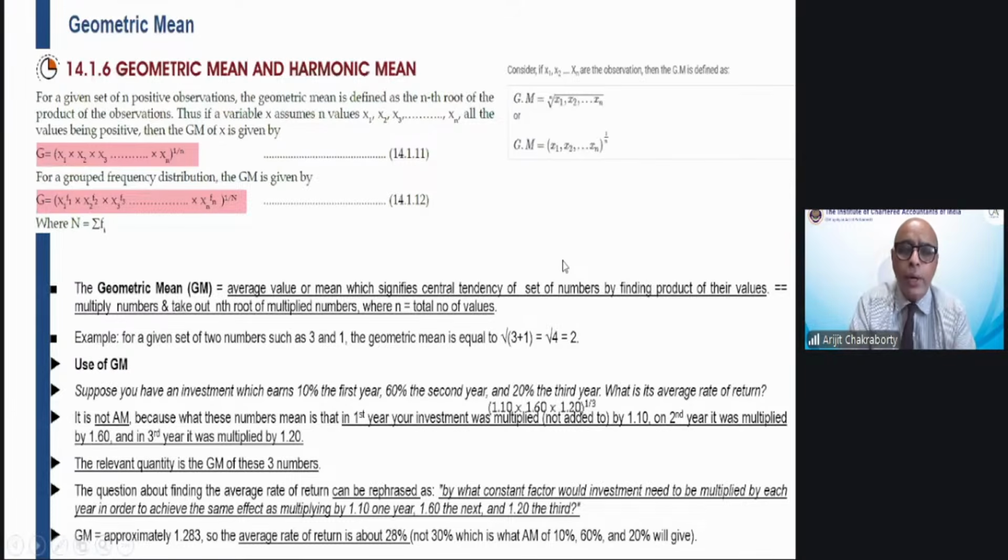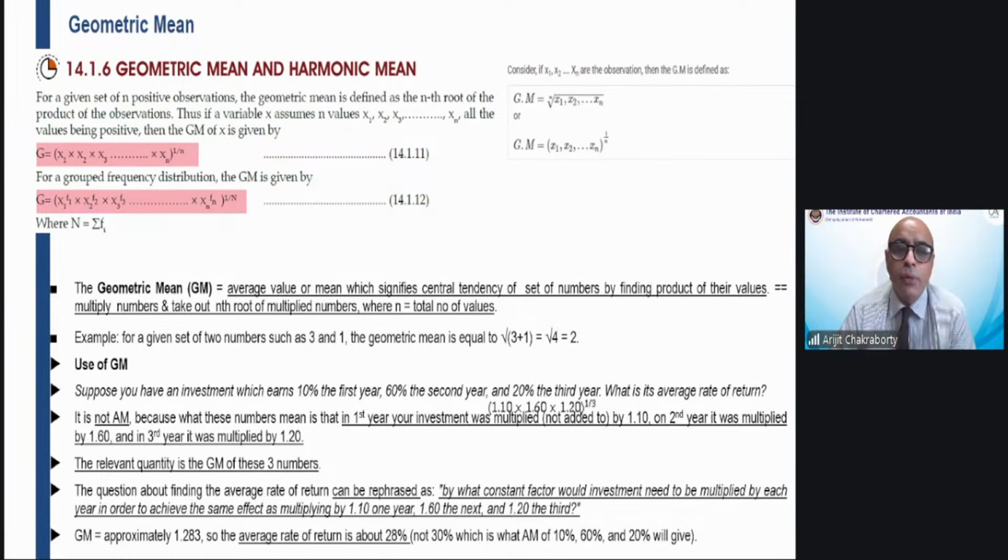And therefore, in this example, we calculate the geometric mean of these three rates: in the first year 10%, in the second year 60%, in the third year 20%.